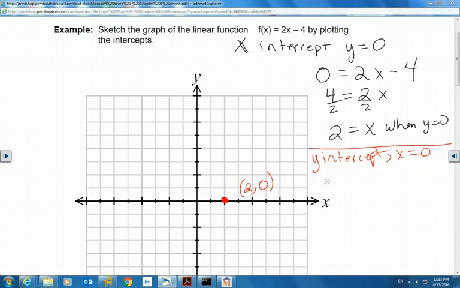Let's take our y equals 2x minus 4, and I'm going to plug in x equal to 0. So y is equal to 2 times 0 minus 4. What is the value of y? Y equals minus 4.